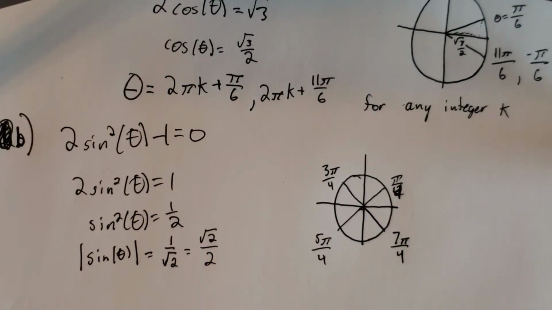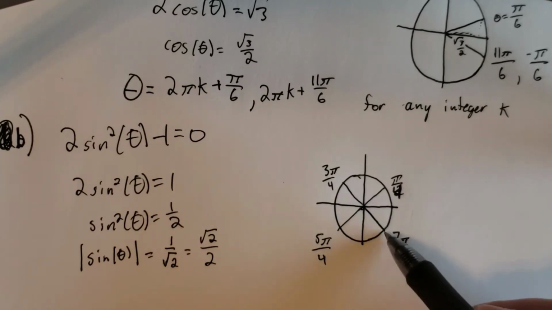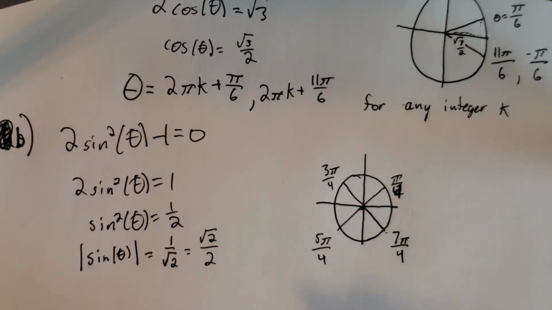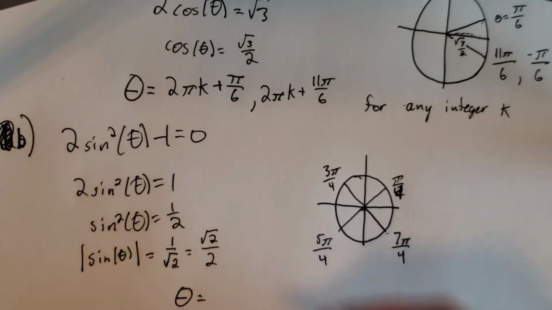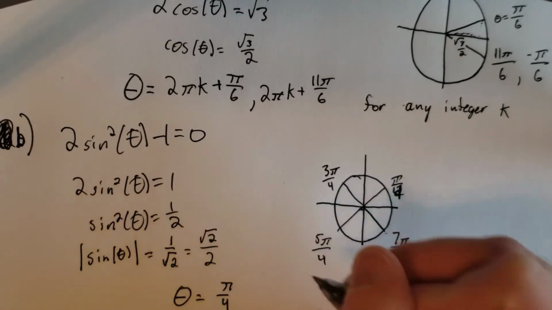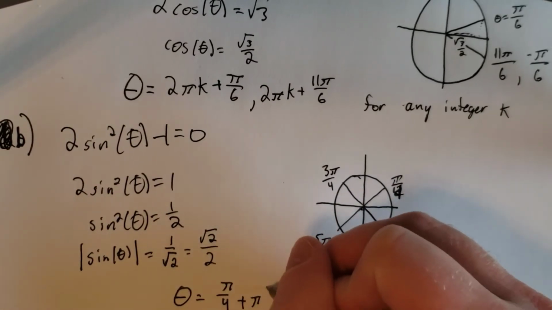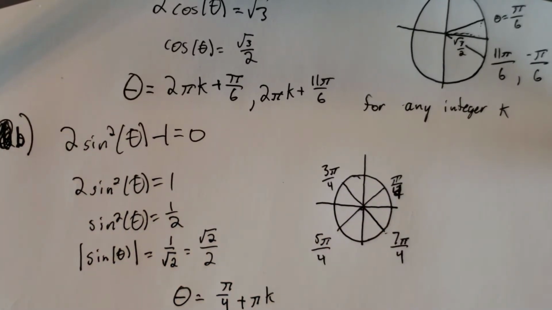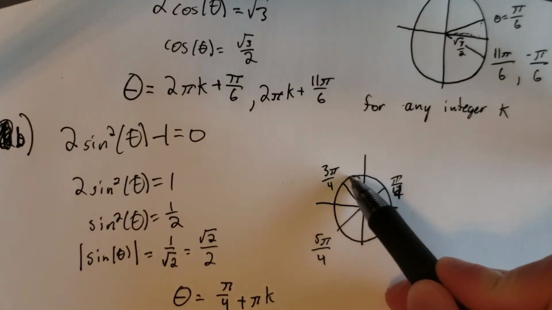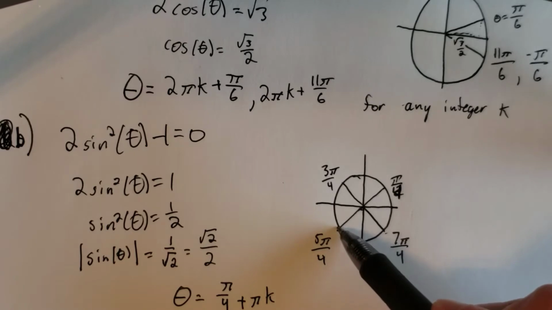But again, we can keep rotating on each of these. So our solution is theta is equal to pi over 4 plus pi k. And here I wrote pi k instead of 2 pi k because we start at pi over 4. If we just go pi, we get this solution.